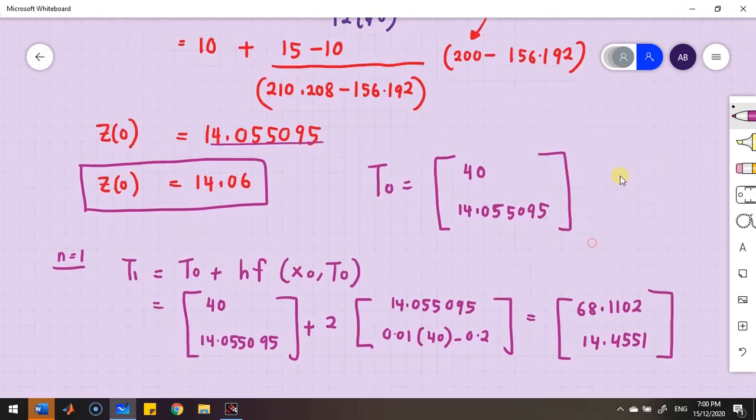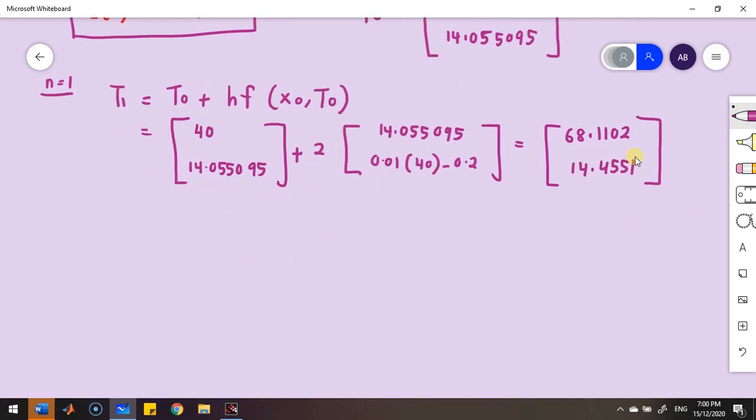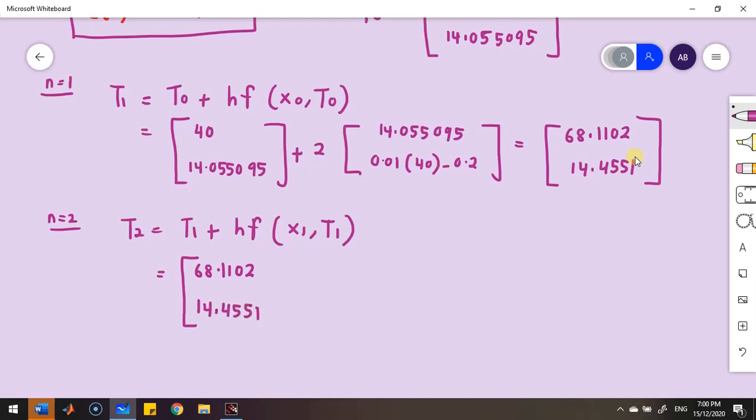Okay, I'm not going to write the x anymore. So continue with T2. For n equals 2, I have T2 equals T1 plus h f of x1, T1. You're not using x here, you just need it to approximate the time. Okay, so T1 is 68.1102, 14.4551 plus 2 times the function, which is 14.4551 times 0.01 multiplied with 68.1102 minus 0.2.